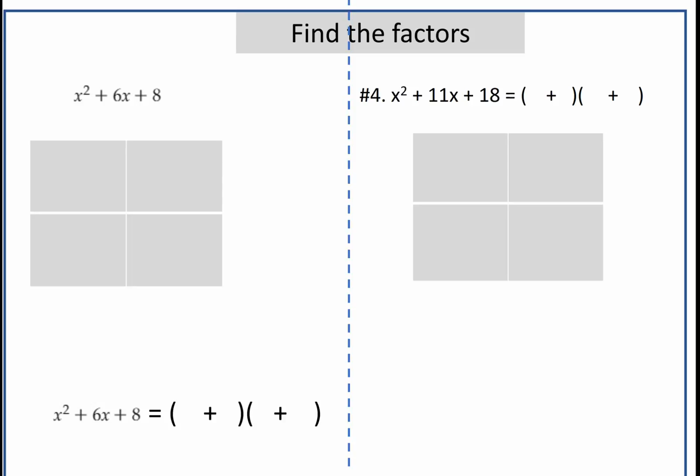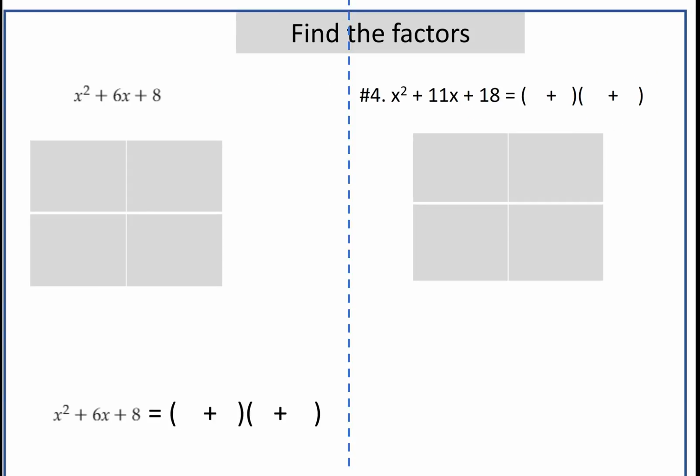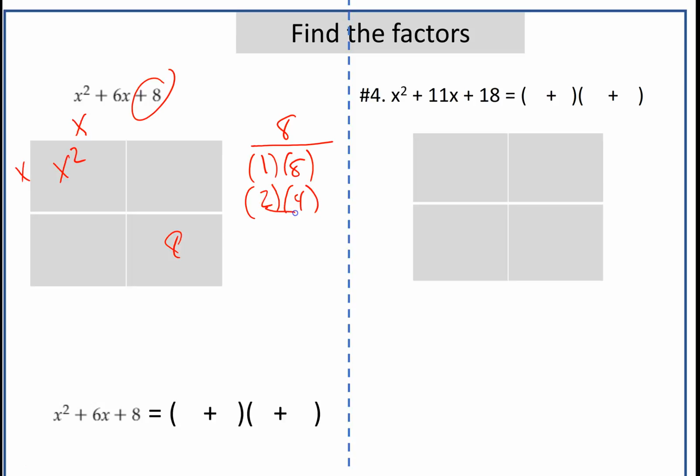Okay. All right. Going to do these two, and you'll do the last two. So let's factor this. X squared goes here. 8 goes here. Automatic. X, x. What are my factors of 8? 8 is 1 times 8. 2 times 4. I see right there, 2 plus 4 gives me 6. I'm going to put my 2 here, my 4 here.